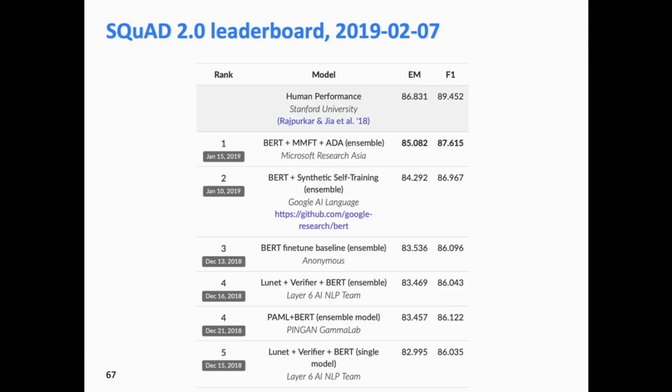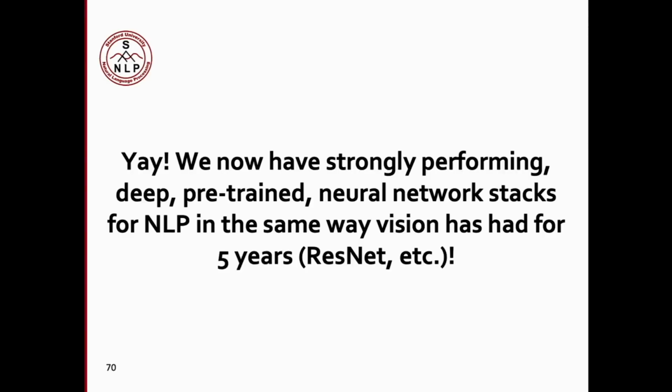And so that led into this new world order that, okay, it seems like the state of NLP now is, if you want to have the best performance, you want to be using these deep pre-trained transformer stacks.